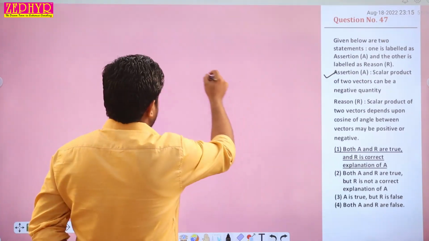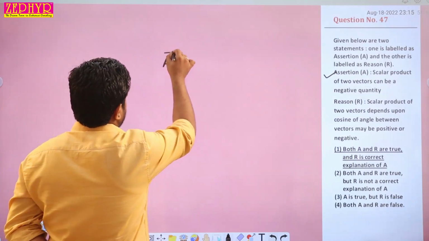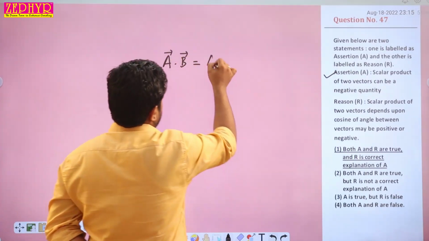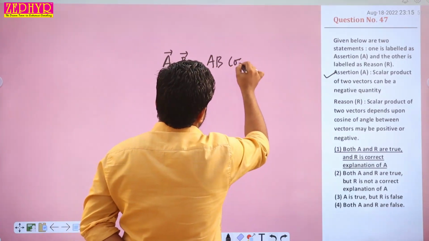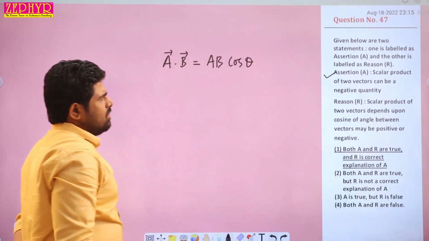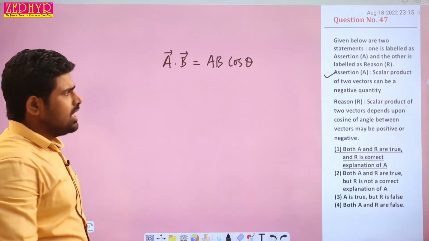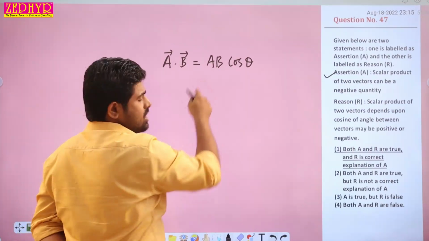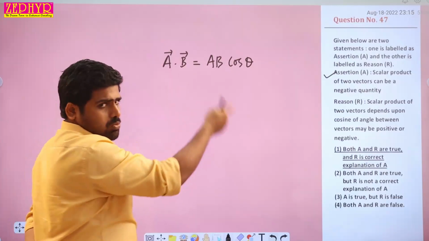We know the scalar product A vector dot B vector is equal to AB cos theta. When theta is equal to 0 degree, cos 0 is equal to 1, so the result is AB, which is positive.